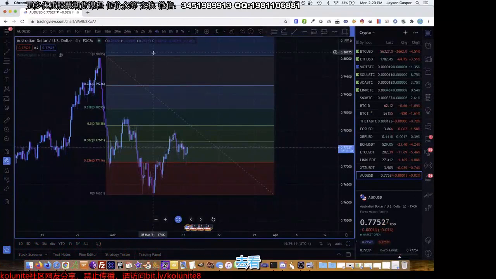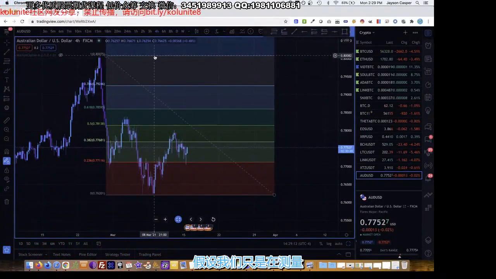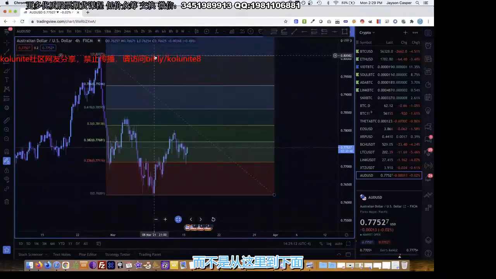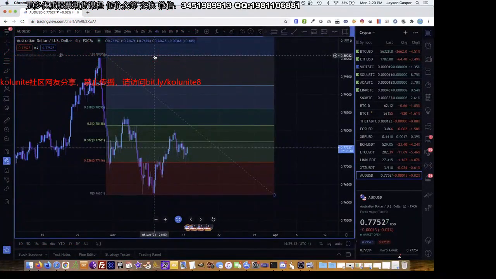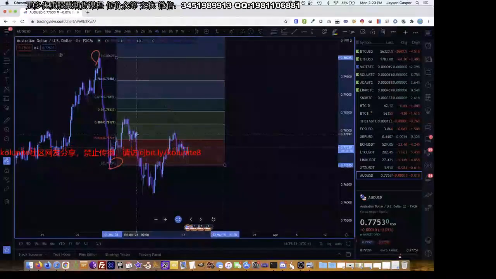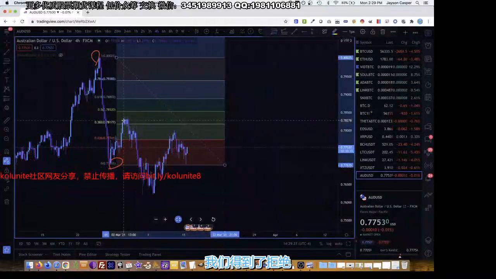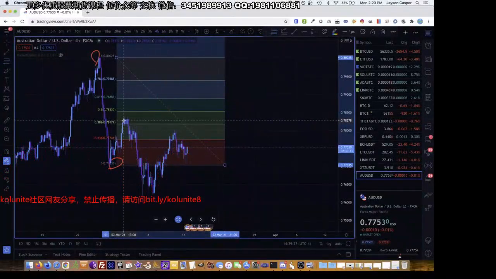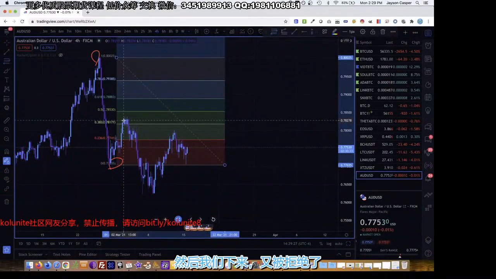But something else to look at, let's say we were just measuring from here to here instead of from here to down here, we could still pull our fib right down here. And look at that. We get a rejection off the 0.382. And then we come down and we get another rejection off the 0.236.